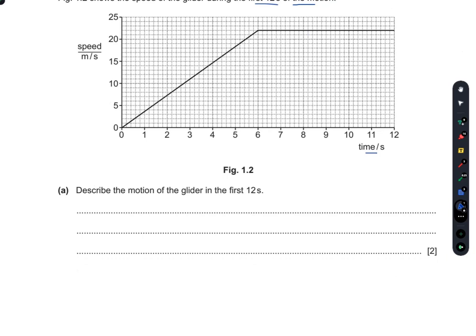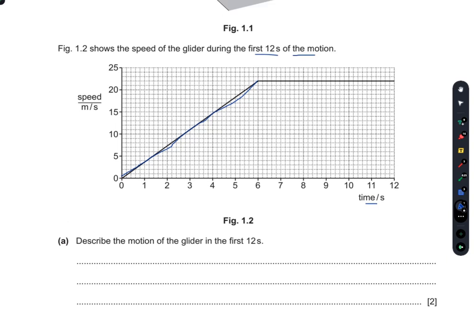Describe the motion of the glider in the first 12 seconds. Now what will happen here? You can clearly see from the graph that during the first 6 seconds, this slope shows us that this body is accelerating. Its speed is increasing, and that's why it is accelerating during the first 6 seconds. This is a straight line graph which obeys the linear law y = mx + c.